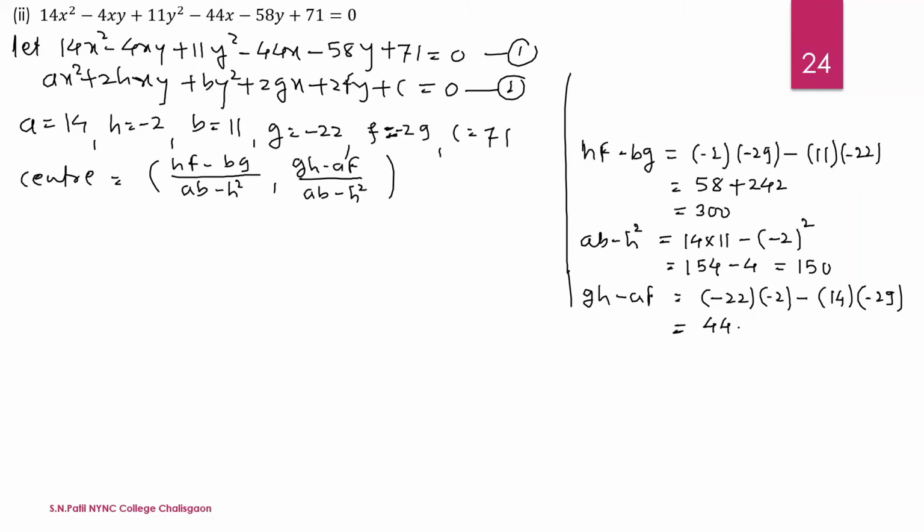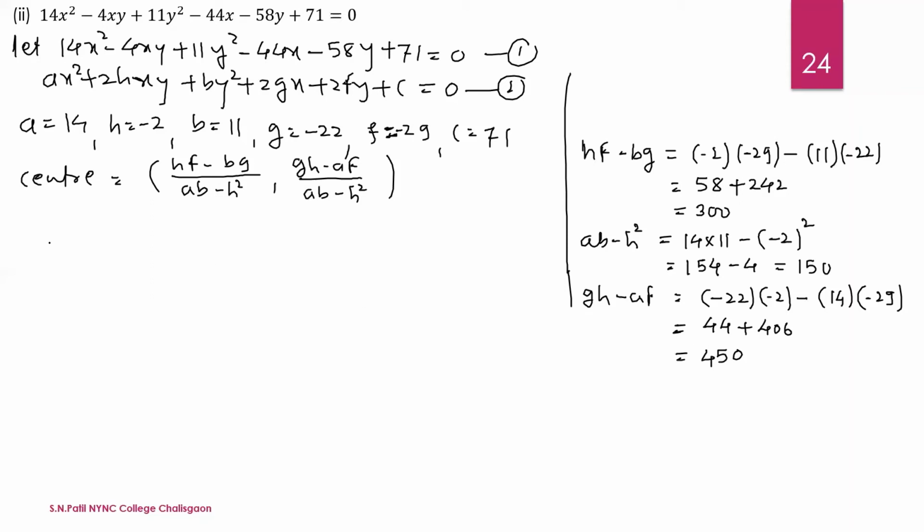Now 29 into 14, and this is plus. That is 406. 406 plus 44, that is 450.